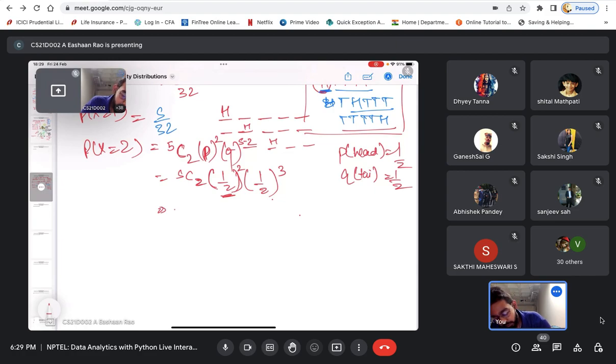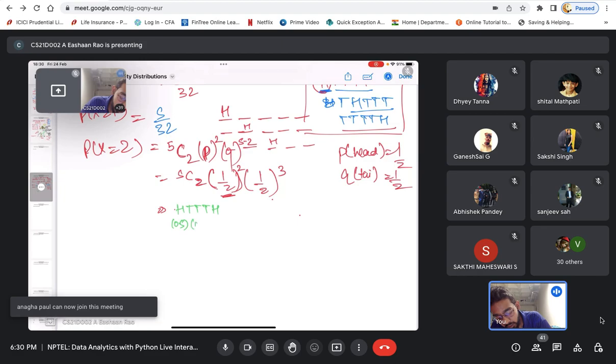Let's take a different color. So we have H 2 times, we have two H's here, so this can be one scenario. If you try to tell what is the probability of this, you just calculate 0.5. T also has 0.5, 0.5 into 0.5 into 0.5.